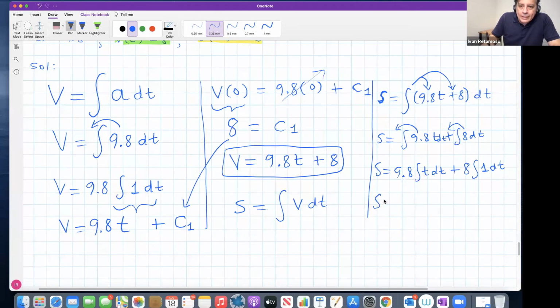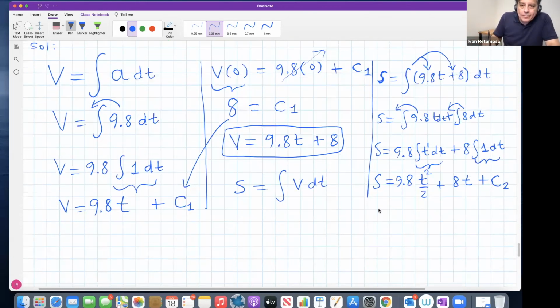But now what is this guy? 9.8 times the integral of t dt, since this exponent is 1, is t raised to 1 plus 1, 2, divided by 2, plus 8 times the antiderivative of the constant function 1, which is the identity function t, right? Plus a constant. Since I don't want to confuse this previous constant with this new constant, let's call it C2.